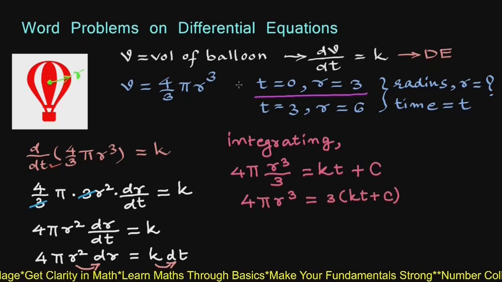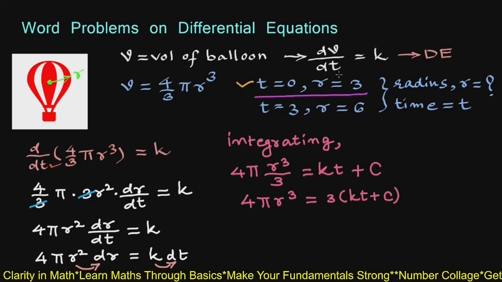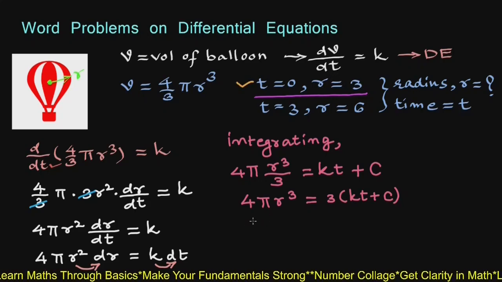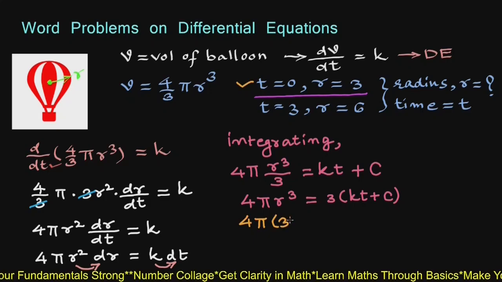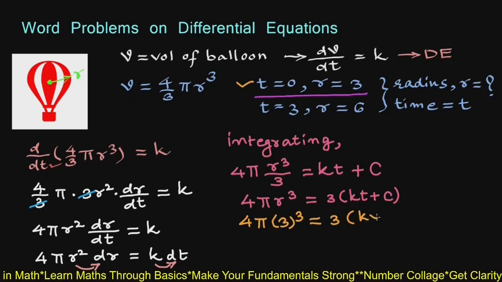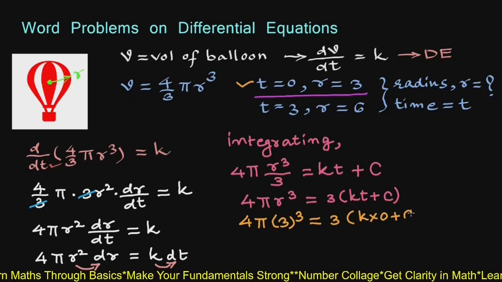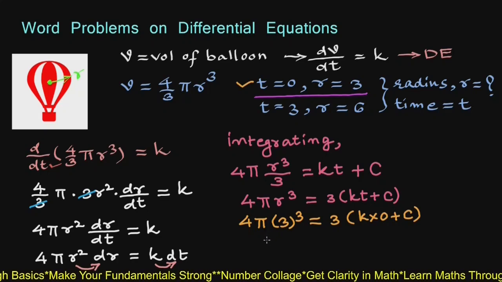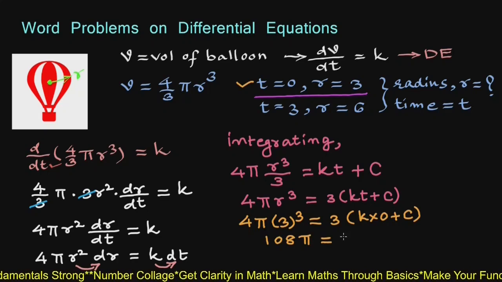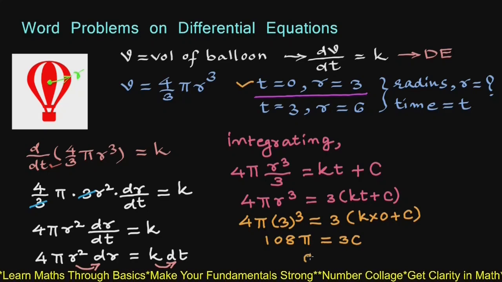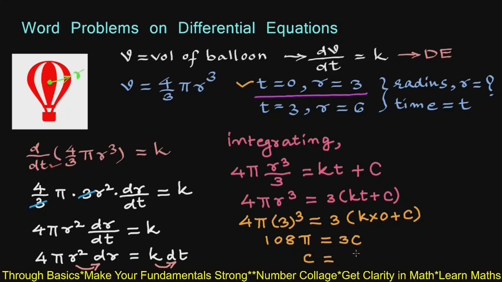By using the initial condition t equals 0 when r equals 3, we write 4 pi 3 cube equals 3 (k into 0 plus c). 27 fours are 108 pi equals 3c, or c equals 108 pi upon 3, that is 36 pi.